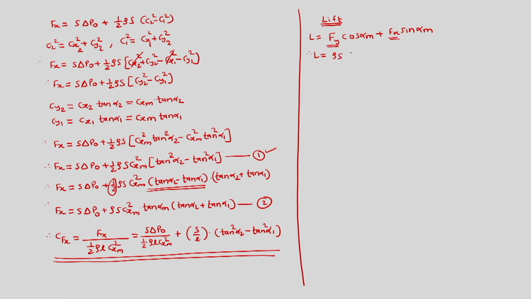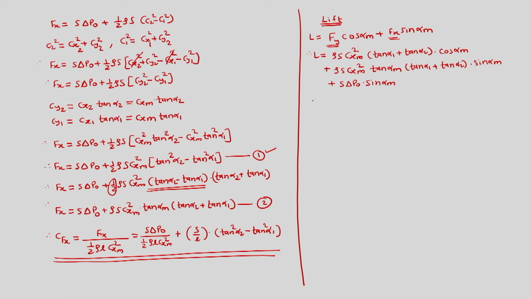L equals rho S Cxm square into tan of alpha 1 plus tan of alpha 2 into cos of alpha m, plus rho S Cxm square into tan of alpha m into tan of alpha 1 plus tan of alpha 2 into sin alpha m, plus S delta P naught into sin of alpha m.